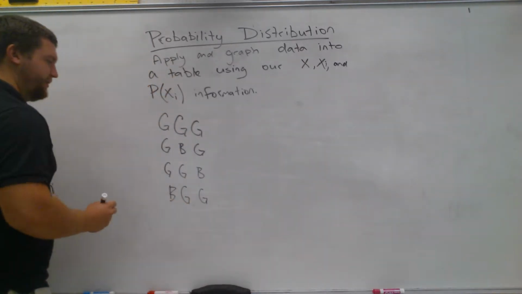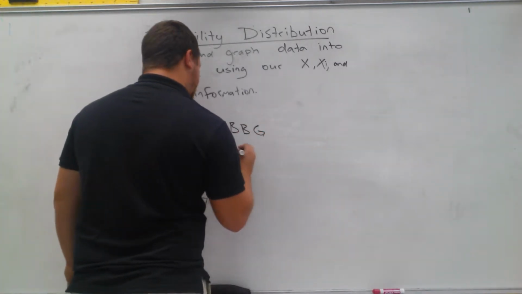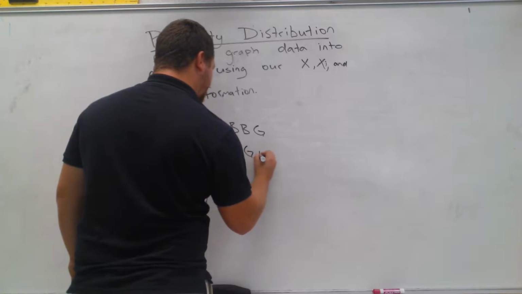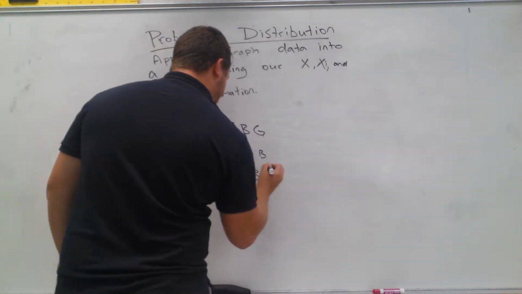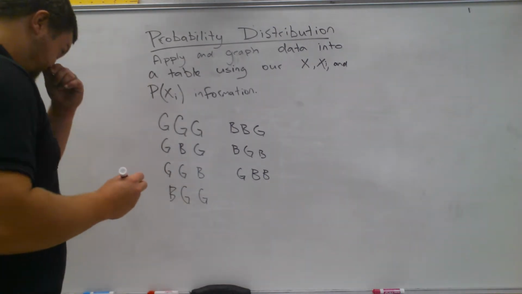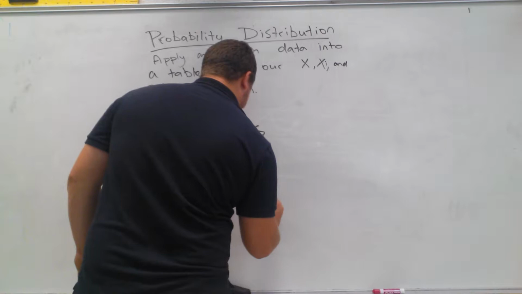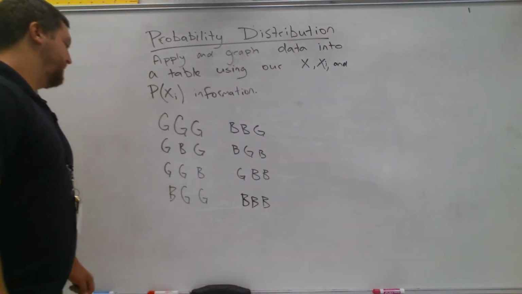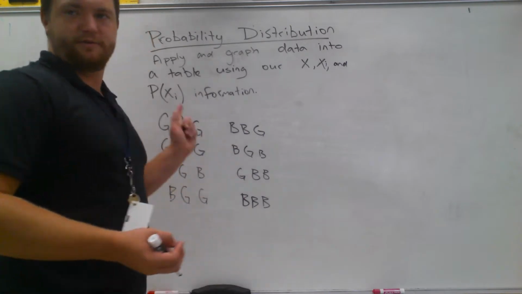You could have boy, boy, girl, boy, girl, boy, and girl, boy, boy. And then you could have boy, boy, boy. So we have 8 possibilities, right?